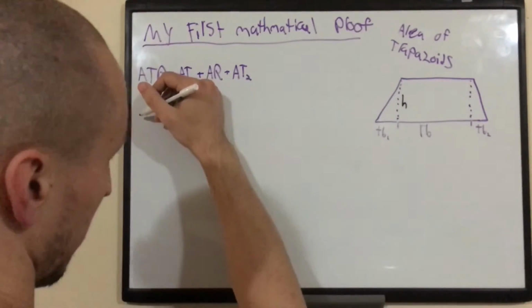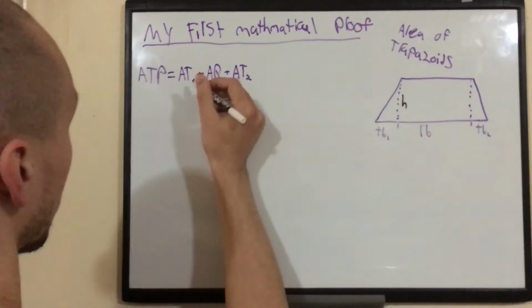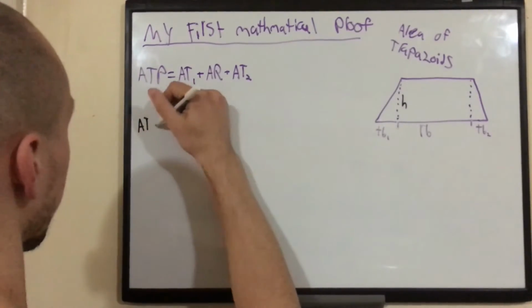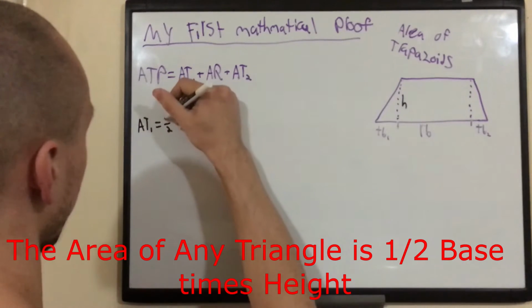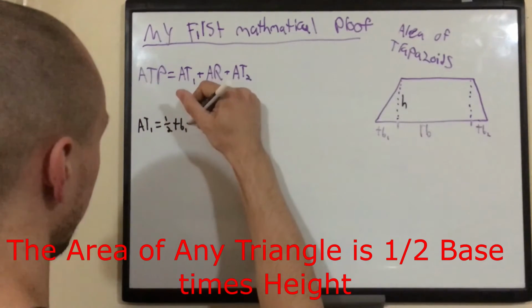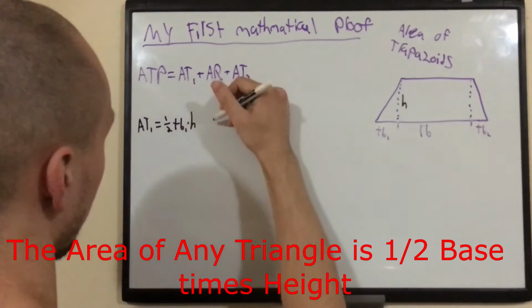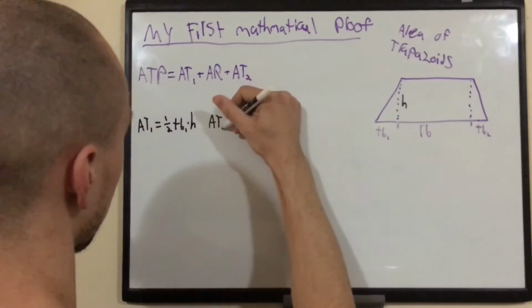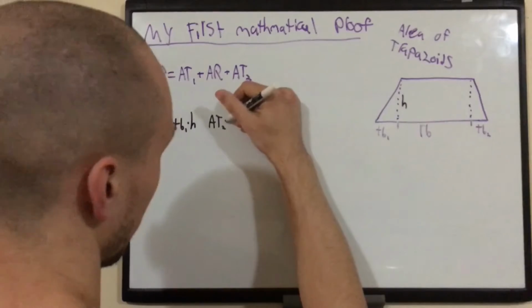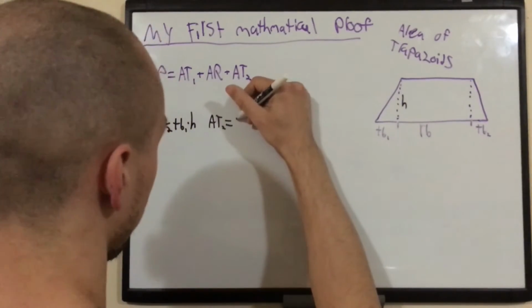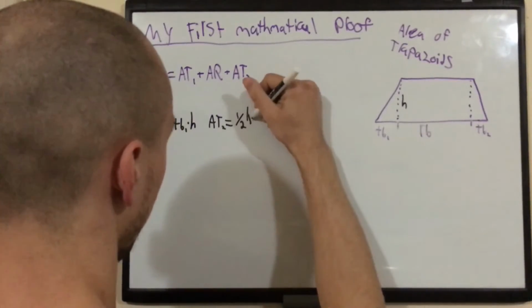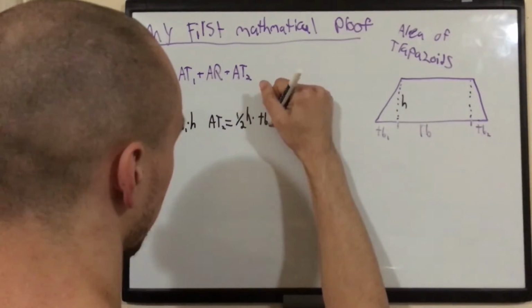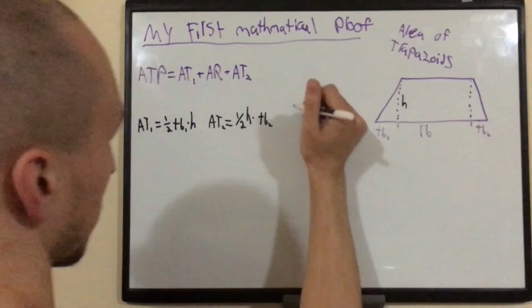Let's get this done. We know for AT1, that's going to equal 1/2 TB1 times H. All right, AT2. I should probably draw this, try to make more space, but oh well. 1/2 H times TB2, it doesn't matter which way I draw it.